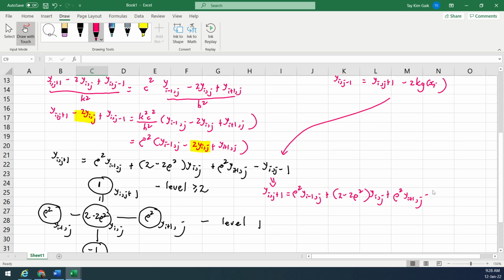So minus this thing here, yi j plus 1 minus 2k g xi.